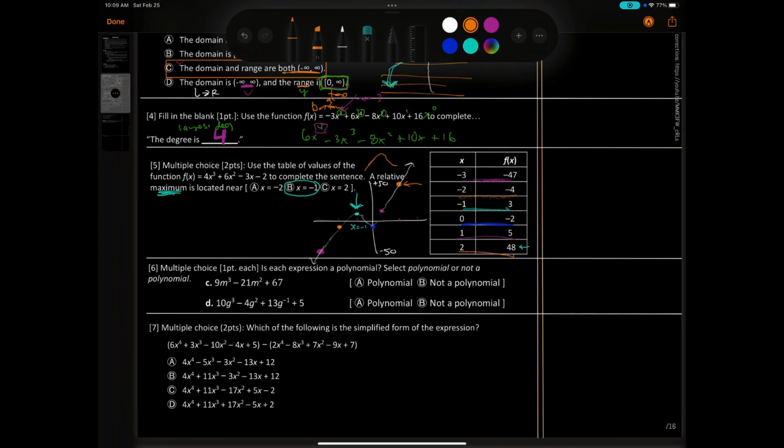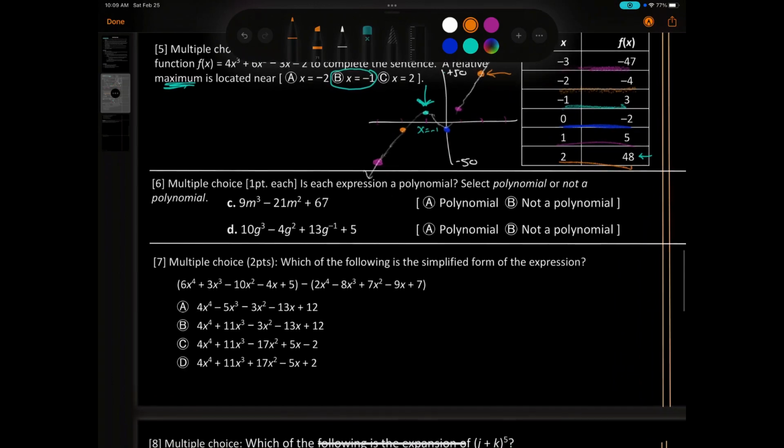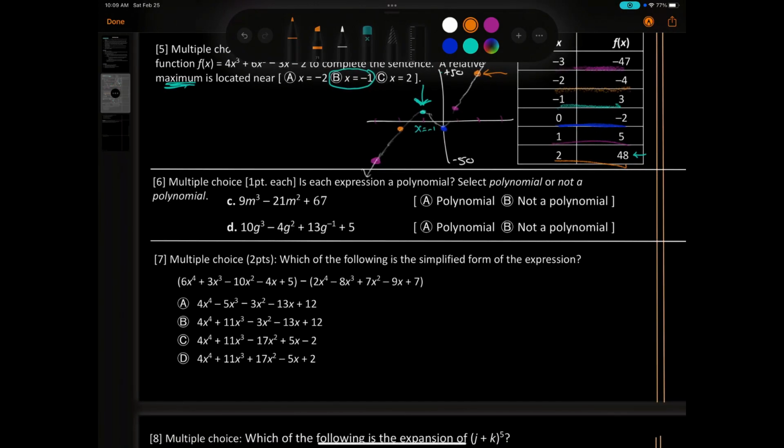Number 6, is each expression a polynomial? Select a polynomial or not a polynomial. Polynomials have exponents that are all positive, so no negatives. You can't have variables in the exponent, no fractions or decimals, okay?